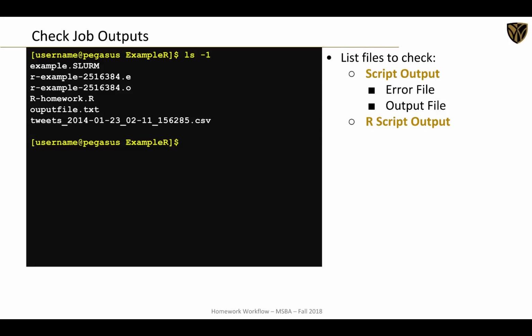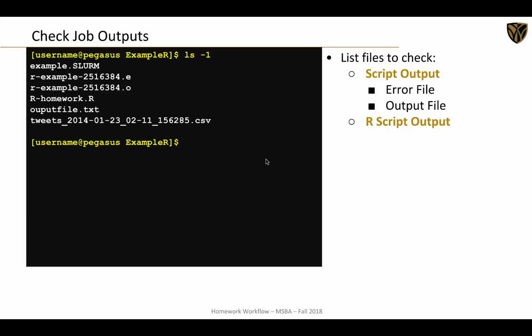From your login session, where the job was submitted, if you use the command ls, you should now see three additional files. These files are outputs from your job. The script generated both error and output files, and the R script generated output. If the output file is not present or contains unexpected output, then there is most likely a typo within your R script.